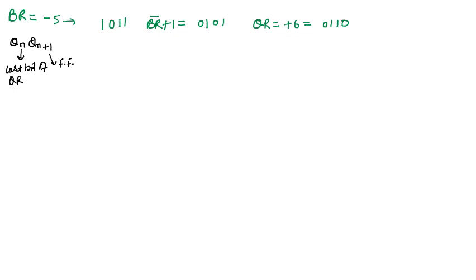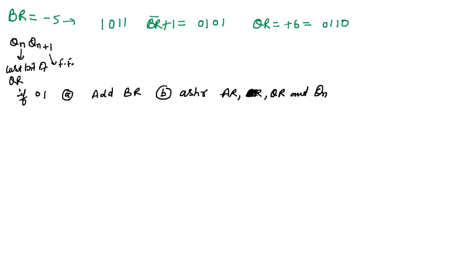So if the value of Qn and Qn plus 1 is 0, 1, then the steps will be: first step, add BR, and the second step will be arithmetic shift right AC or AR, oh sorry, it's not BR, it is QR, and Qn plus 1.